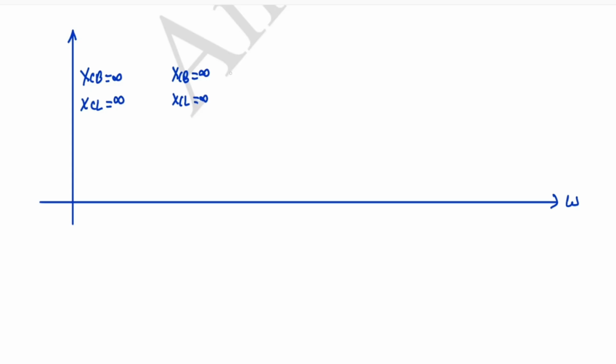So now XCB will start reducing and XCL will remain open circuit, so it will be infinite impedance. Now after some frequency, XCB will be completely short. It will offer no reactance and XCL will remain open. This condition will remain for some frequency range, so XCB equals 0, XCL equals infinite.